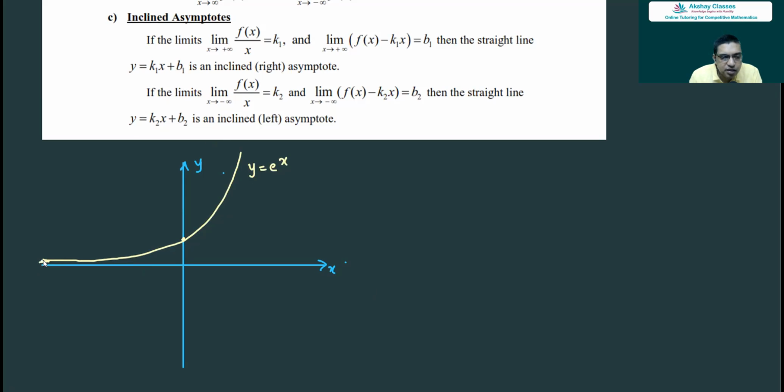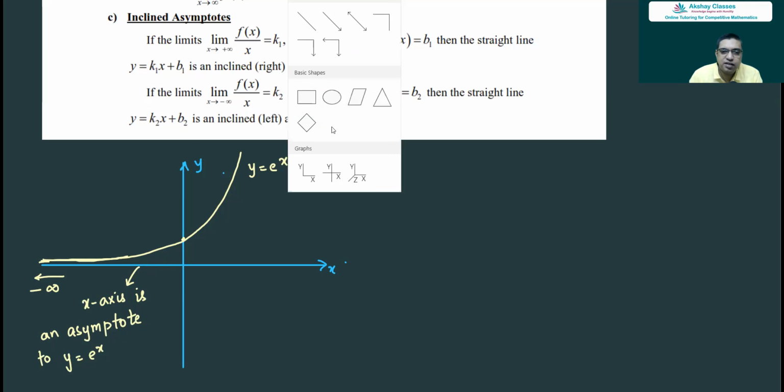Now, this curve keeps on approaching zero as x tends to minus infinity. As we go towards minus infinity along the x-axis, the curve tries to touch the x-axis. So the tangent at infinity is the x-axis. So the x-axis is an asymptote to the curve y equal to e power x.